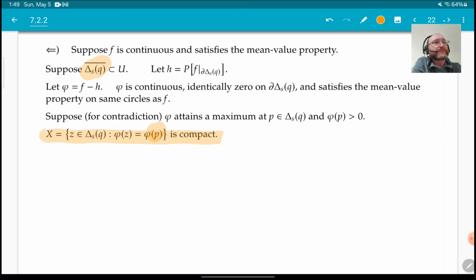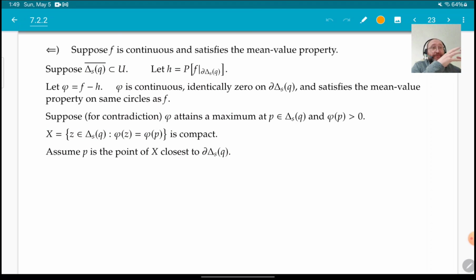All right. Now, suppose that p is not just one of these random points of the maximum, right? Maybe it attains the maximum only at one point, maybe at many points, but suppose it's the one that's closest to the boundary of this disk, right?